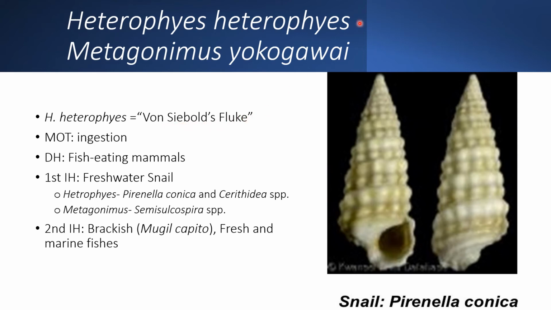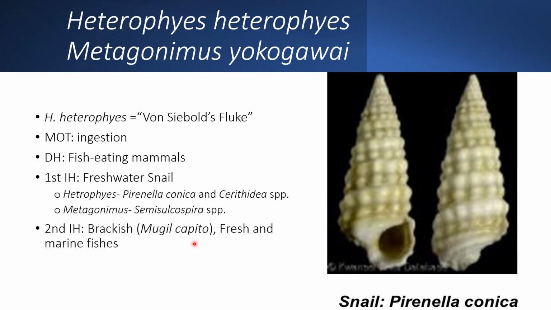The mode of transmission is ingestion of the second intermediate host, which is brackish water fish, with the genus Mugil and species capito.